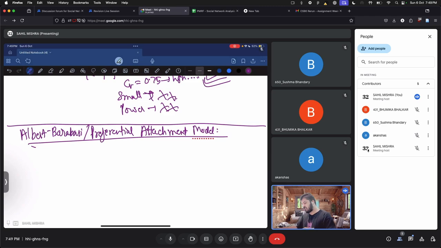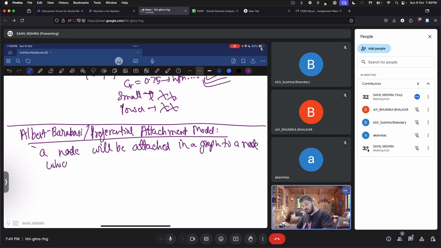Preferential attachment means a node will be attached in a graph to a node which has high degree. So this looks like it follows the local clustering coefficient thing correctly. And it also follows the power law, because a node with high degree will only gain high degree. It won't make the nodes with lower degrees gain higher degrees, and it won't disturb this thing.